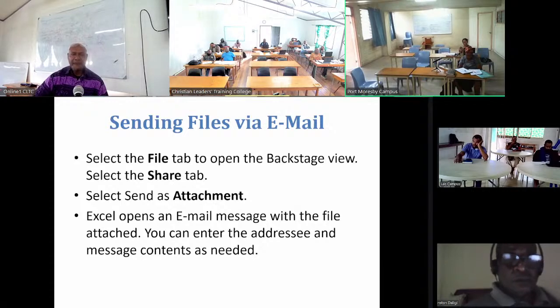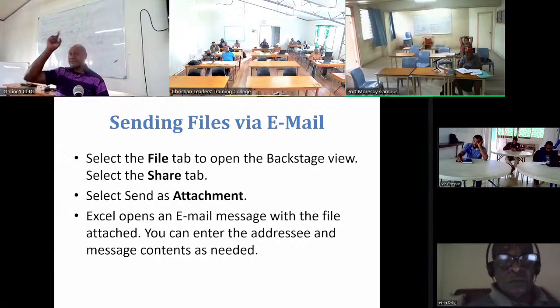Okay. Sending files by email? You know how to do it. You save it as an attachment. You click my email address, you click attachment on the toolbar, the ribbon of the email. It has two attachments, one is a file and one is a document. So you click on files, you look for the file.